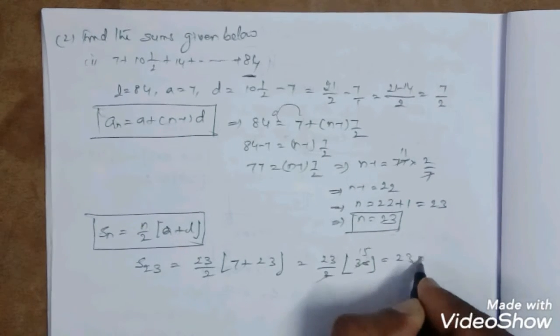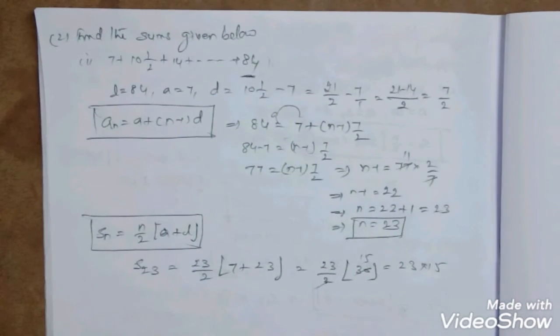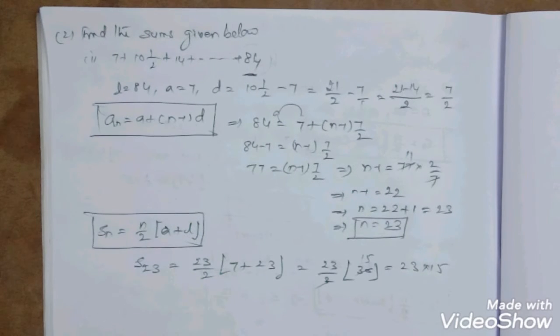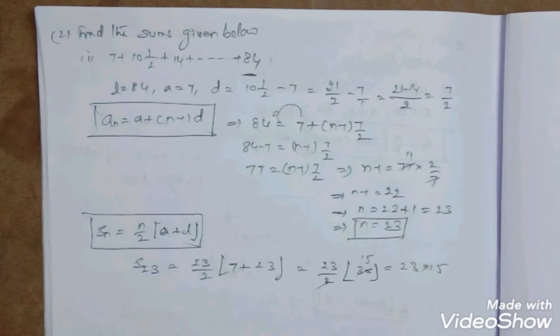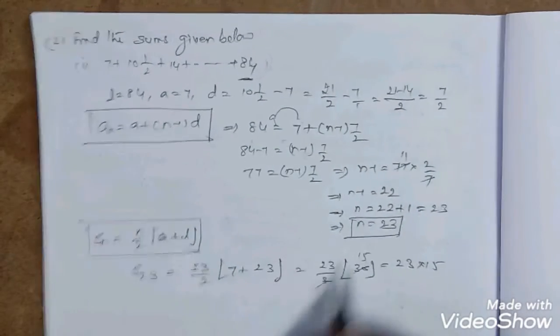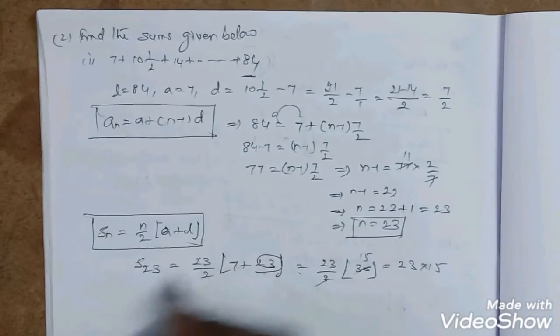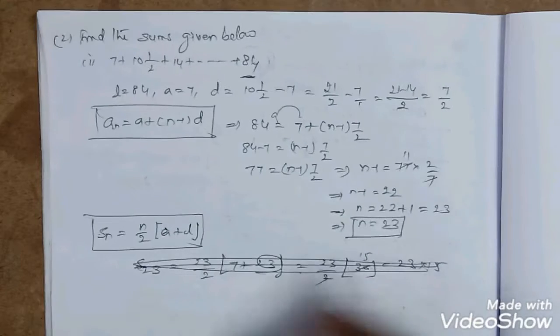So 23 into 15. Okay, so here the last term is not 23, the last term is 84.